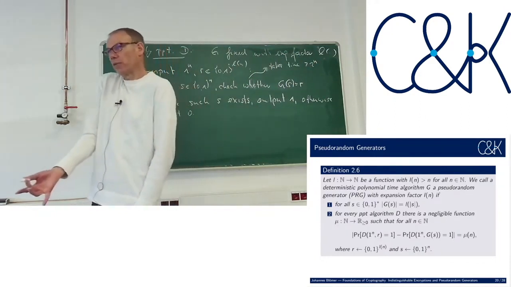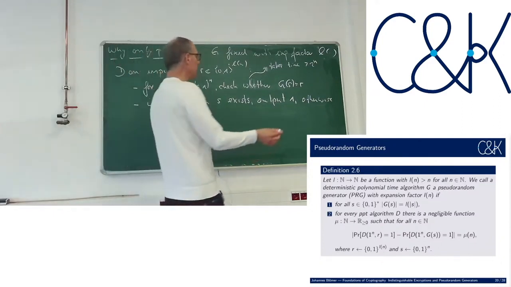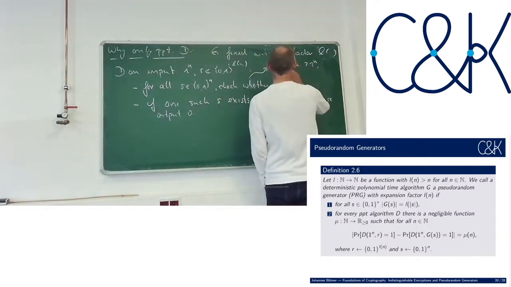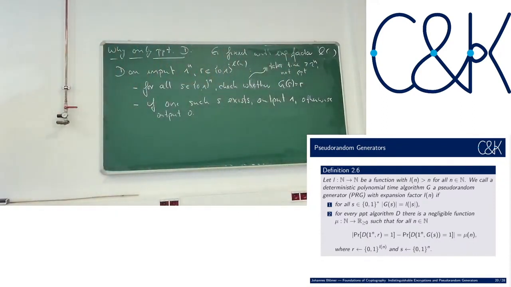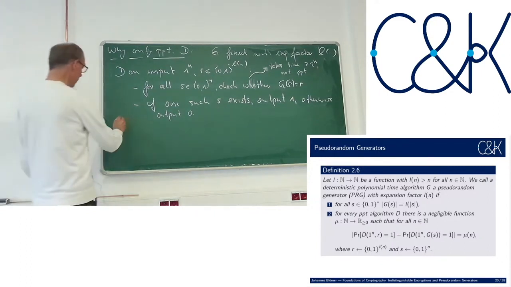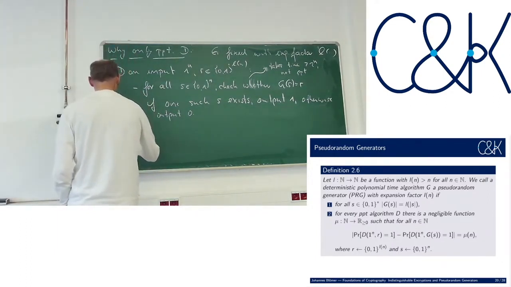Right? For each s, you have to do something. So not PPT. But it does have a good difference here. Why is that? Well, we can again analyze the probability.